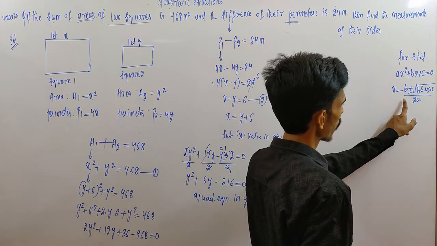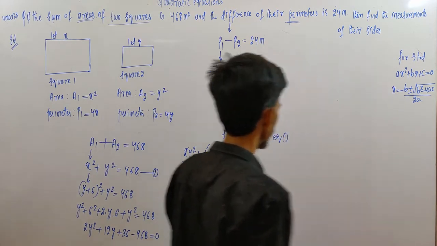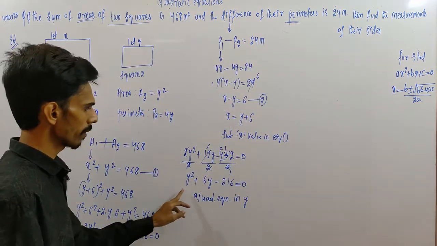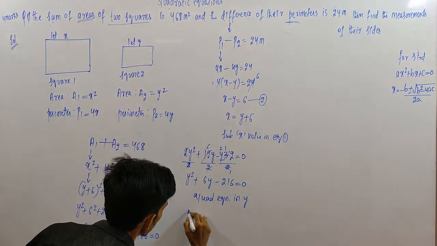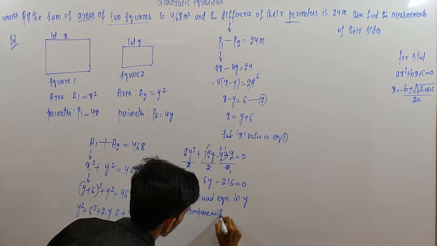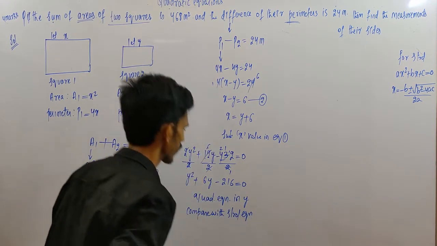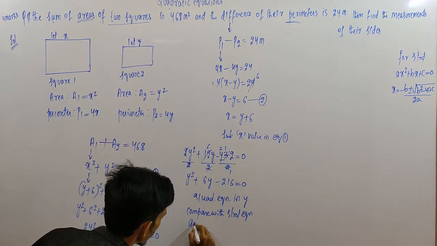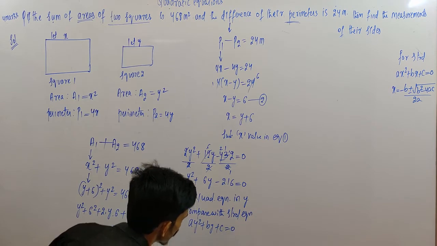This is the formula to get the root of this quadratic equation. So we will make use of this formula here. Now compare with the standard quadratic equation. It will become ay square plus by plus c is equal to 0.